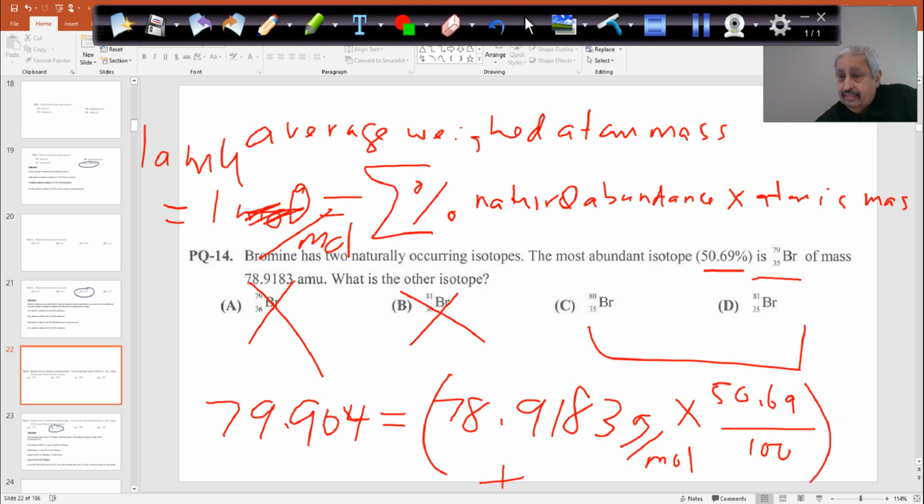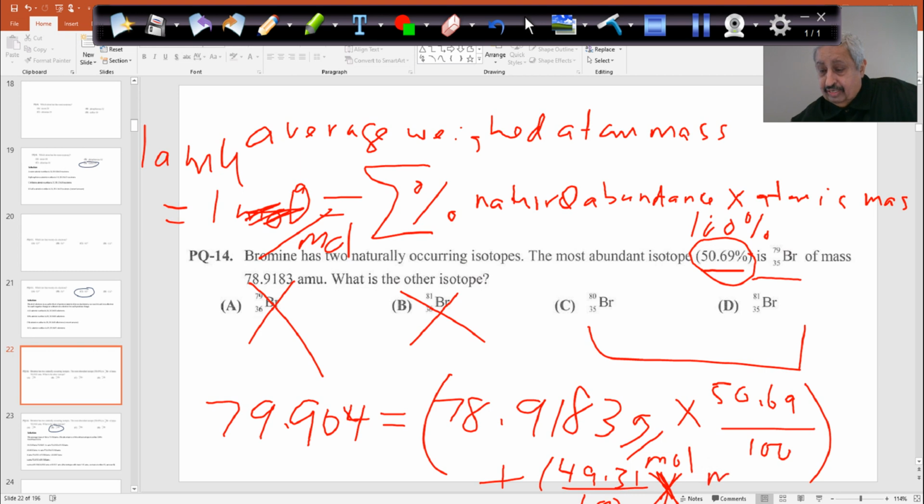Plus, what is the mass of the other isotope? We don't know this one. If this is 50.69, what's left out of 100? How much is it? 49.31%, multiplied by its mass. We don't have the mass.